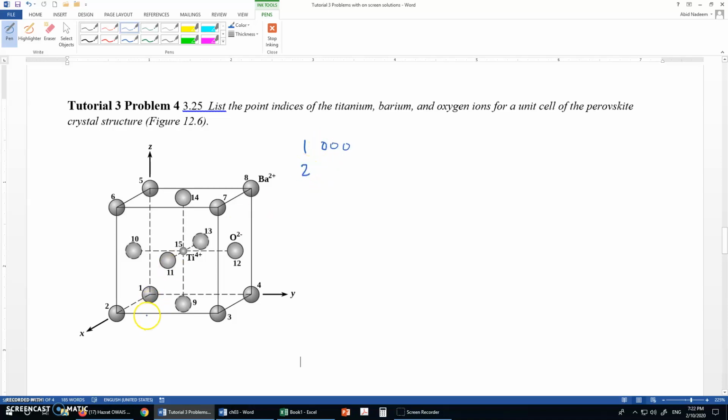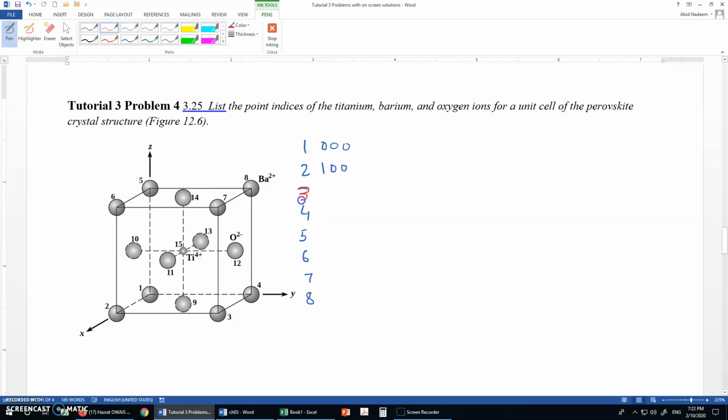Okay, for atom 2, it is on the x-axis, so it will be 1 0 0, because on the y-axis and z-axis there is no translation. Okay, so similarly for 3, 4, 5, 6, 7 and 8 we can write it.